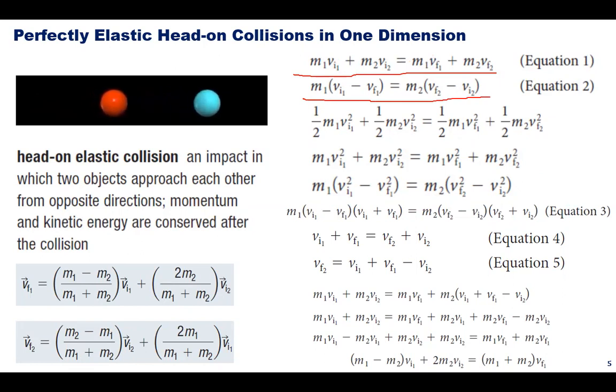Since this is an elastic collision, we also have conservation of total kinetic energy, which gives us 1/2 times m1 vi1 squared plus 1/2 times m2 vi2 squared equals 1/2 times m1 vf1 squared plus 1/2 m2 vf2 squared, which is here.